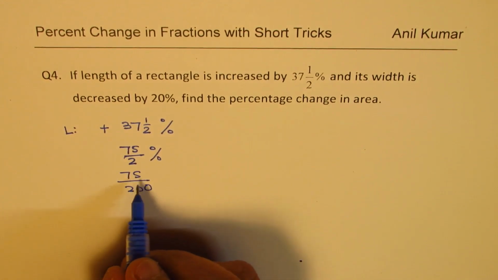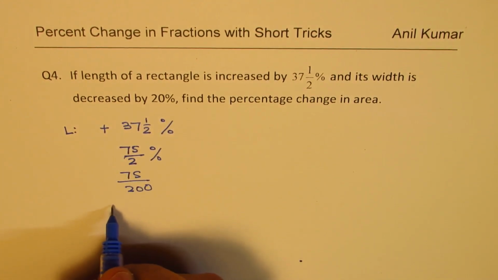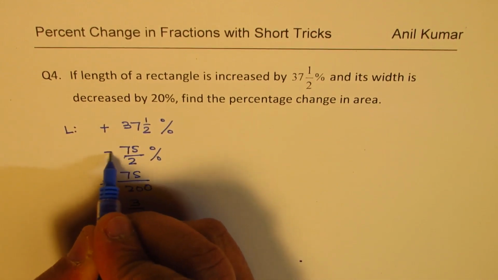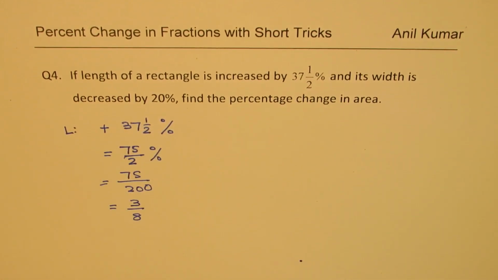And dividing by 25, you get this as 3 over 8. So we could convert 37.5% as 3 over 8.